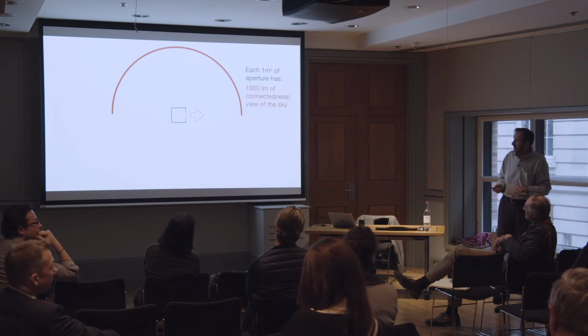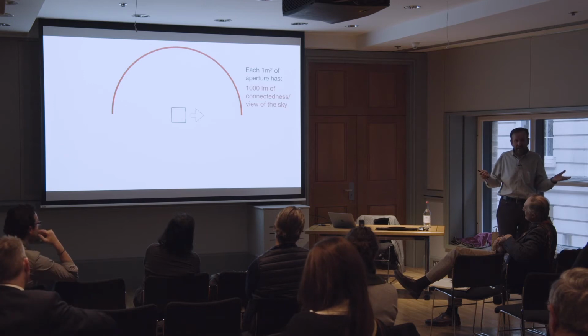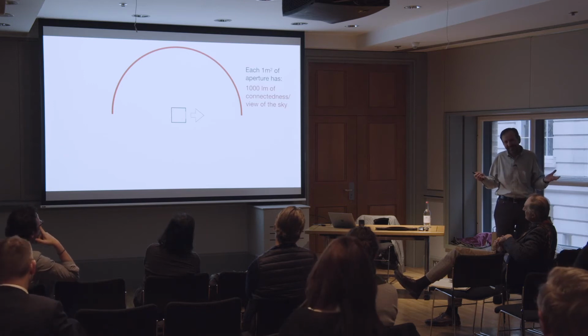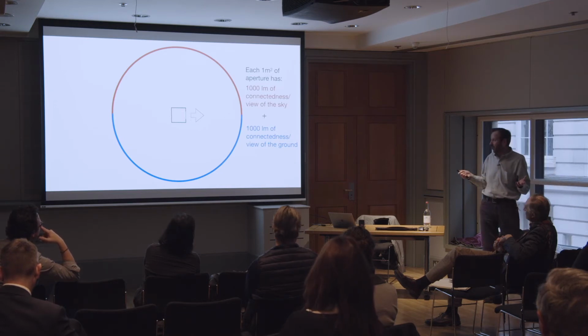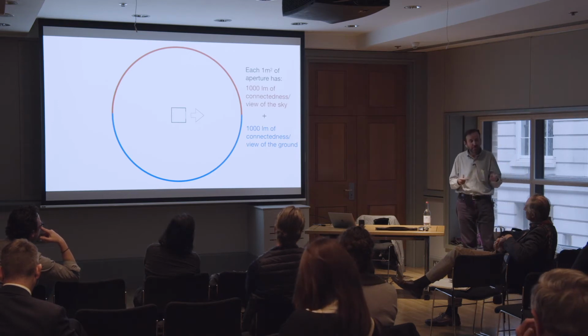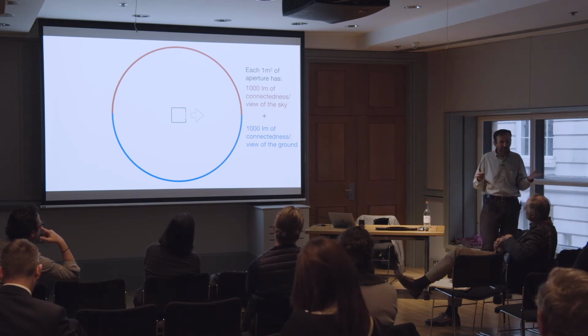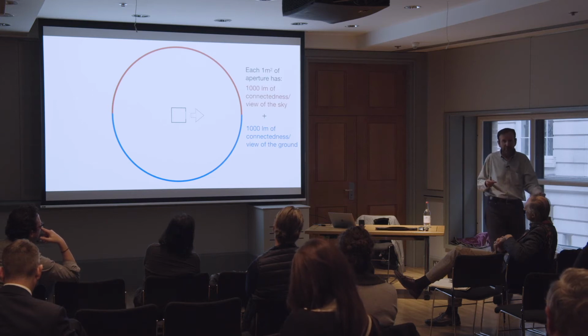So, okay. Where have those other 1,000 gone? Well, if you make the ground glow, and you say, well, that's it, you're getting 1,000 lumens of connectedness or view of the ground. Yeah, you've got the same view of the ground as you do of the sky.